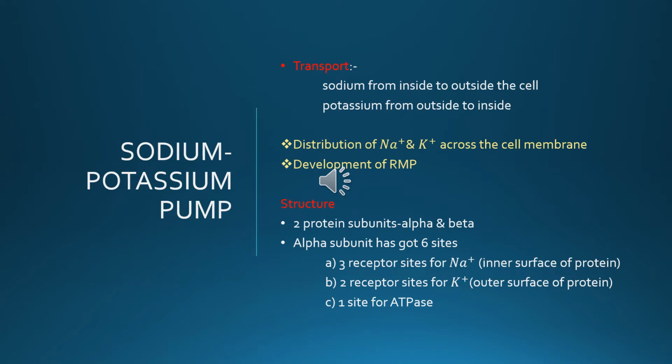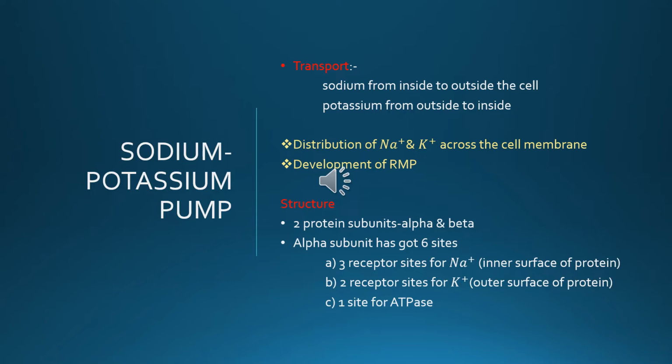And as this is an active transport mechanism, here the ions move against the concentration gradient. Okay, so this sodium potassium pump helps in the transport of sodium ions outwards the cell and the movement of potassium ions into the cell.